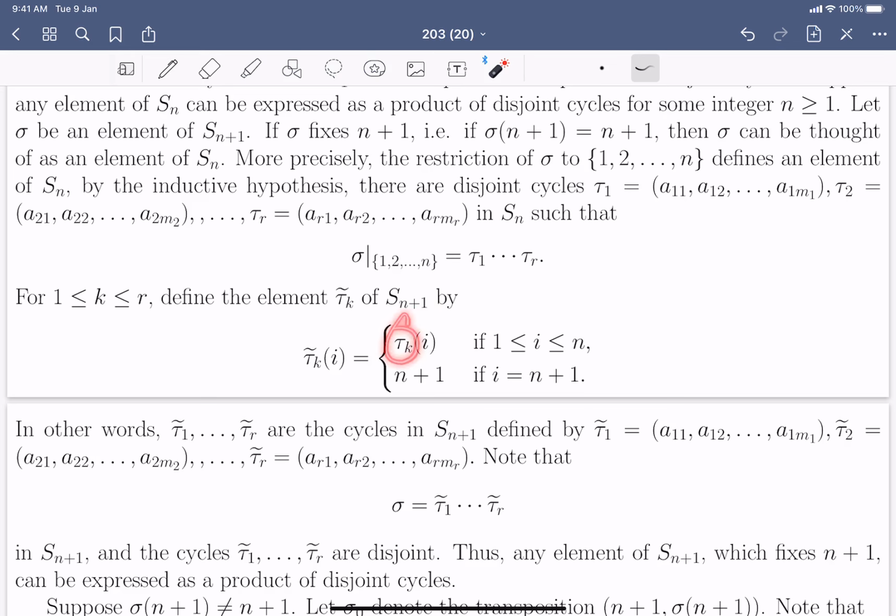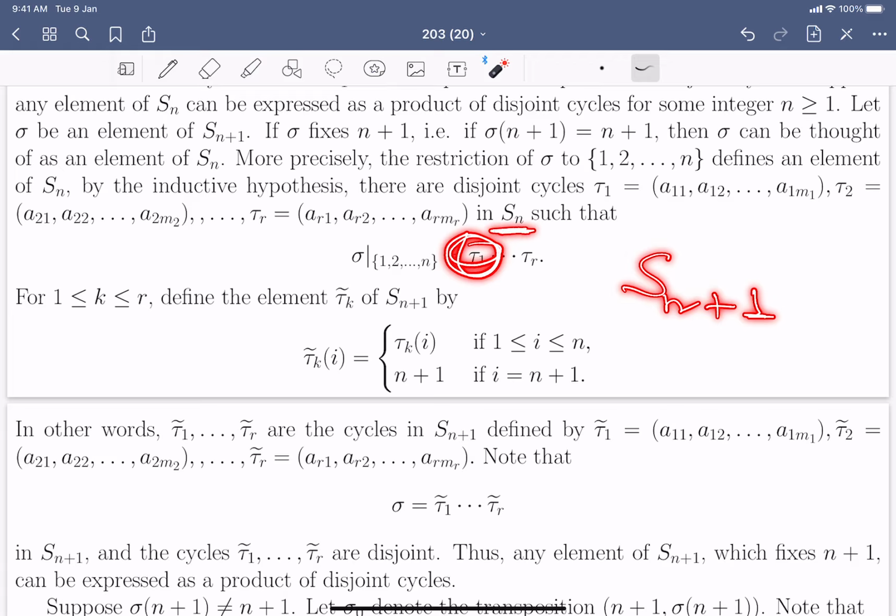which behaves the same as tau k on the integers from 1 up to n, and it fixes n plus 1. Why are we doing this? We want to see these tau i's as elements of Sn plus 1. These tau i's are elements of Sn.